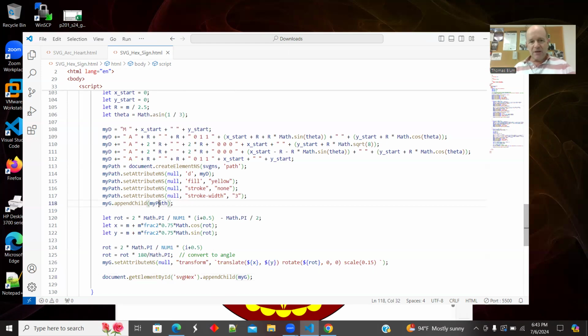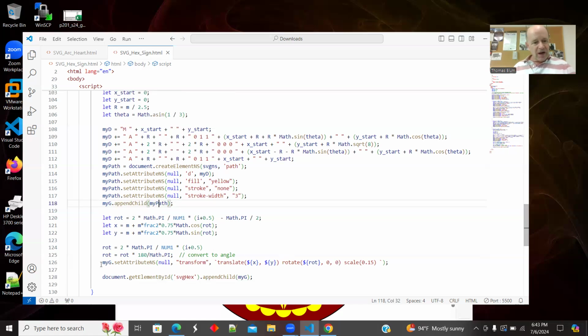Okay, so now we see that I've got hearts being added to my container, and I add my heart to my container and my container to my hex sign. So I have added the hearts, and I'm in a loop, so I've done it 6 times. And then I've got to position the hearts where I want them and also get the right rotation and scale.